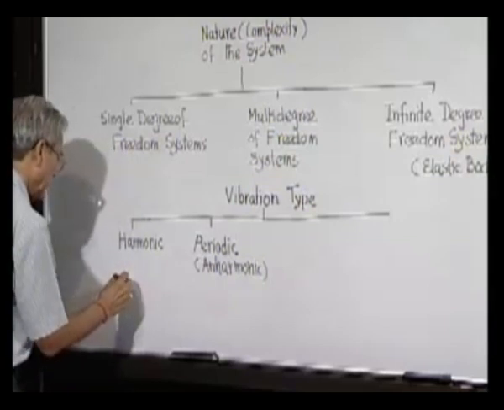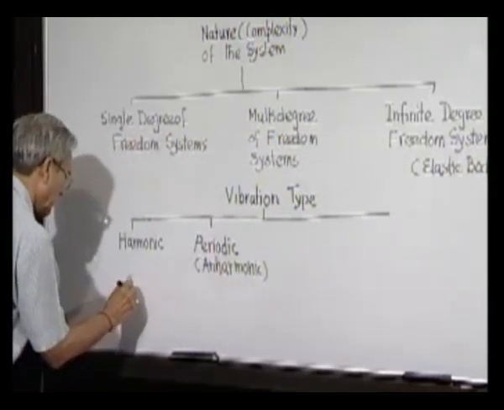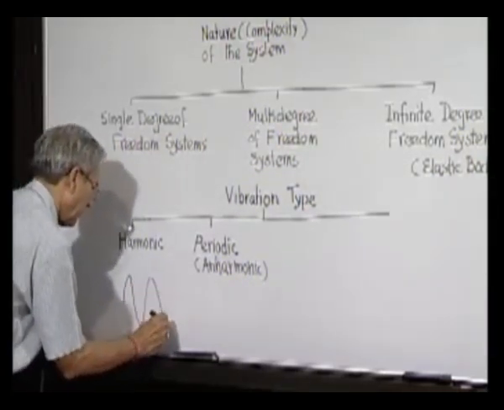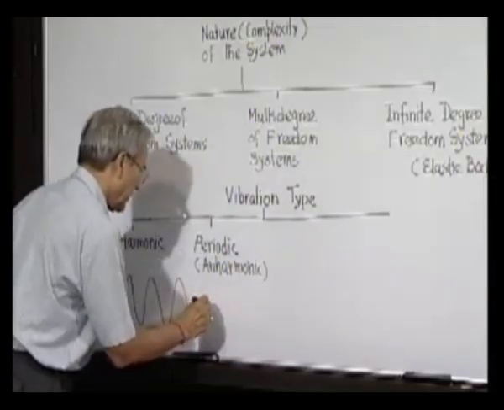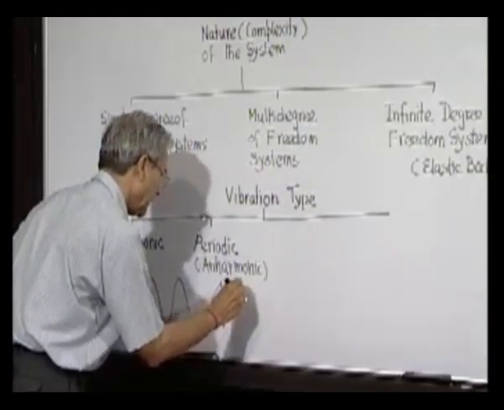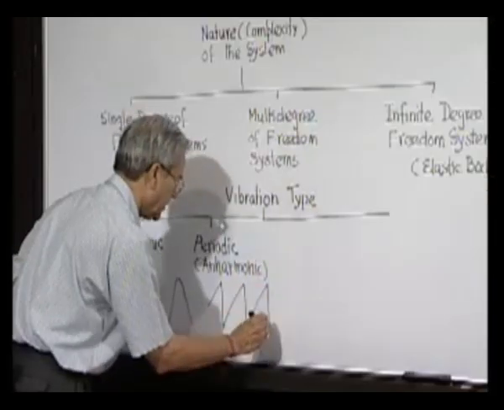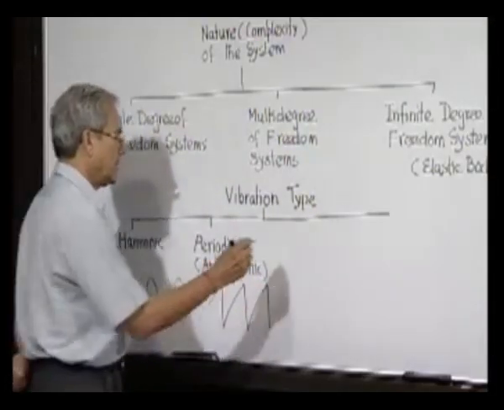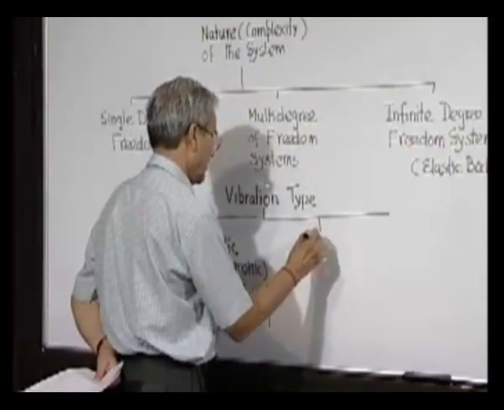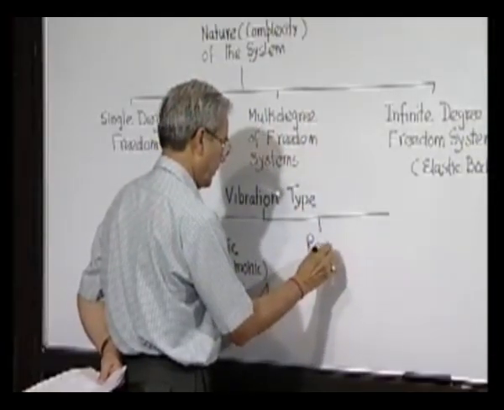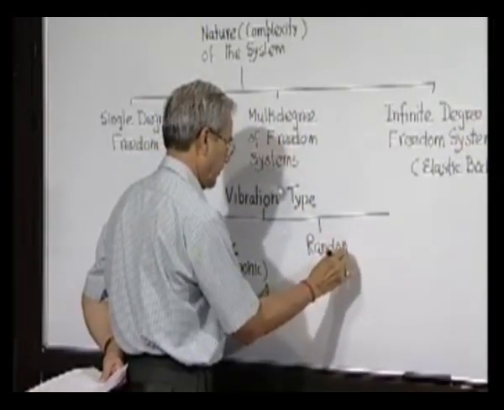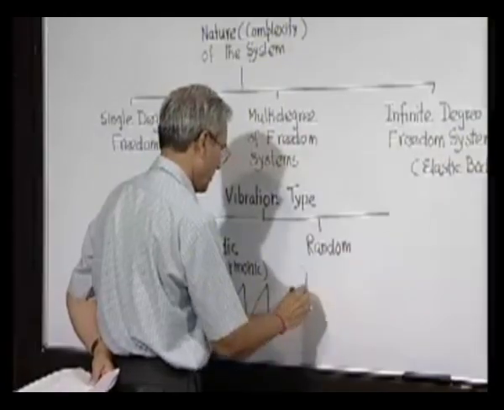In the harmonic case, it is simply a sine or cosine function. Here it could be something which is periodic but not harmonic. Next is random.